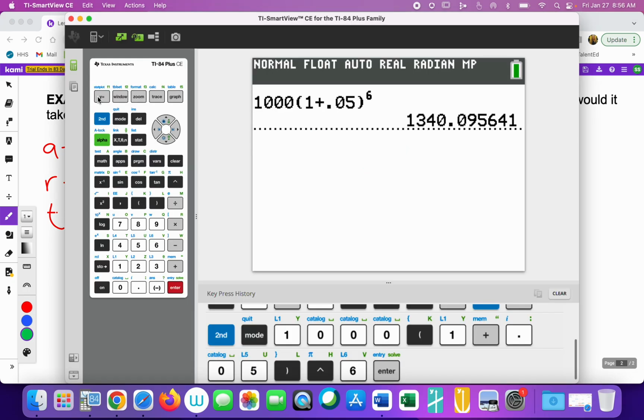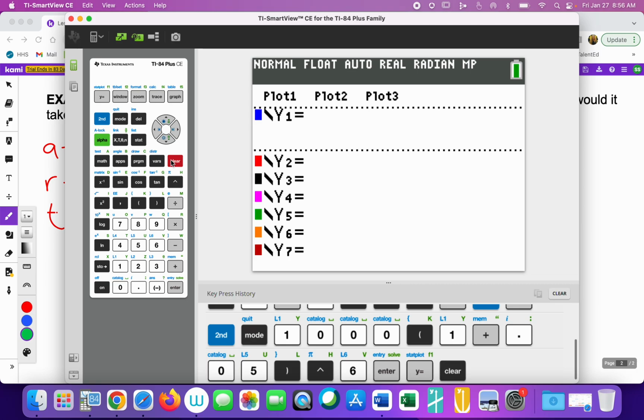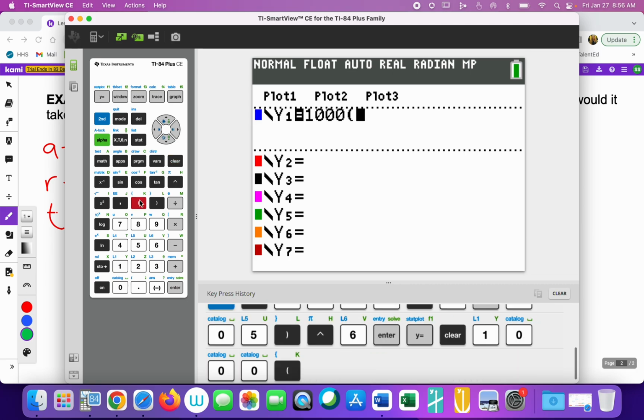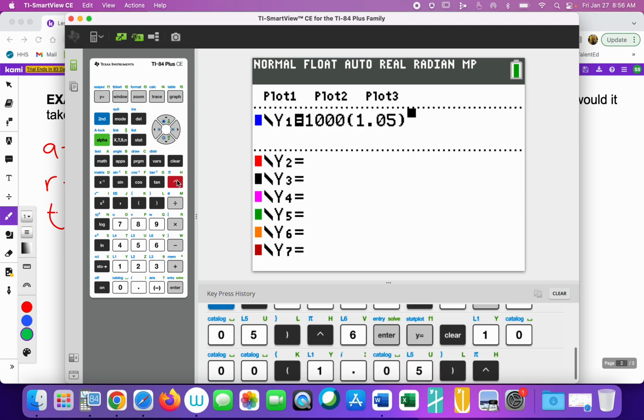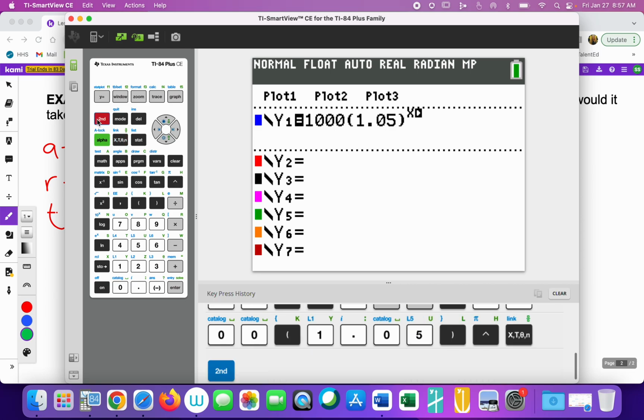Use parentheses. Okay, so in your y equals, instead of t, you just change it to the x. Okay, but time is independent anyway. All right. Now you don't need the actual picture of the graph. You probably actually won't be able to see it very much, because it's such a big starting amount.